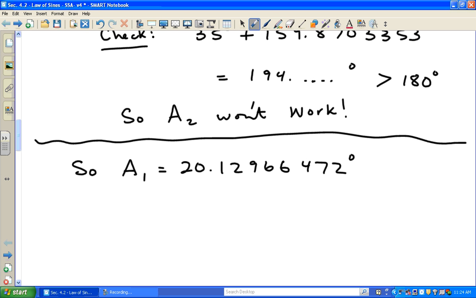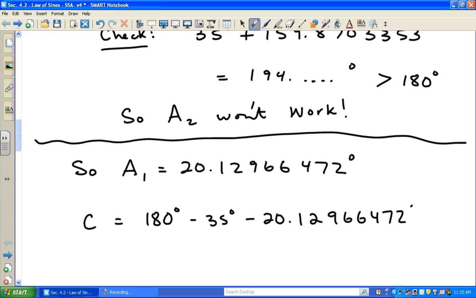To solve for C, we can take 180 degrees minus the 35 degrees we were given minus the 20 point some odd, and we can find out that angle C is 124.870335 degrees.